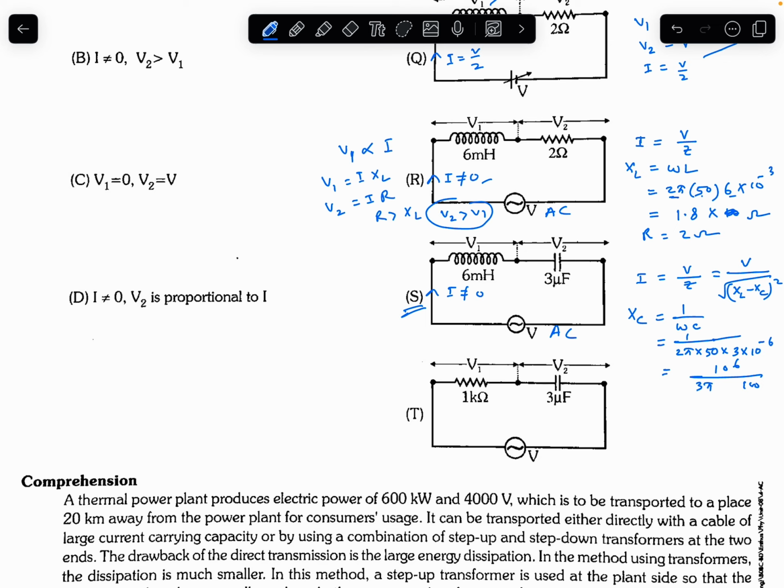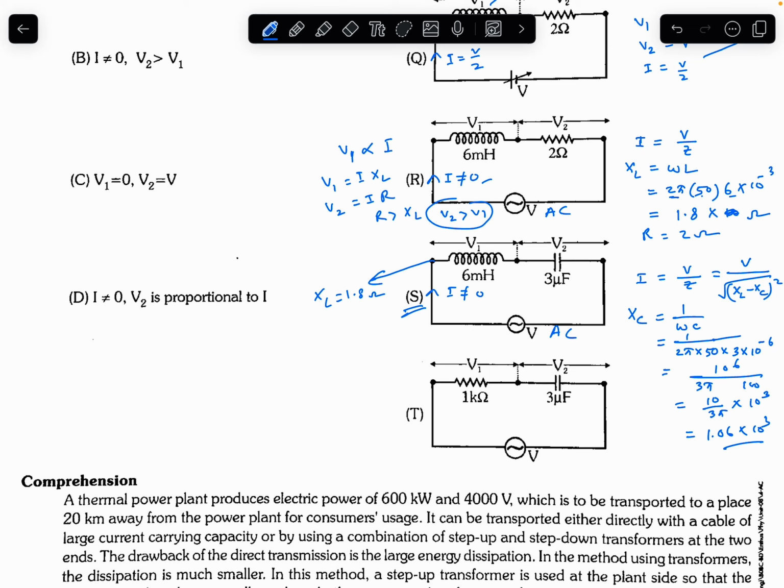So approximately here you are getting the value is 10 by 3 pi into 10 to the power 3, that is equal to 1.06 into 10 to the power 3. So this is the value of XC you got, and XL you know from the previous problem. XL will be 1.8 ohm approximately.